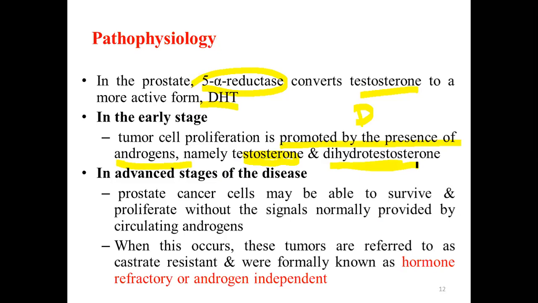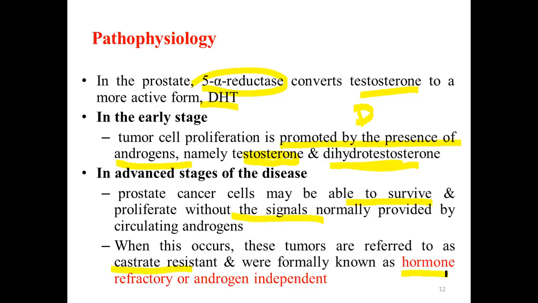But in advanced disease stages, like metastatic stages, the prostate cancer cell may be able to survive and proliferate without the signal normally provided by circulating androgen. When this occurs, the tumor is known as castration resistant, also known as hormone refractory or androgen independent tumor.